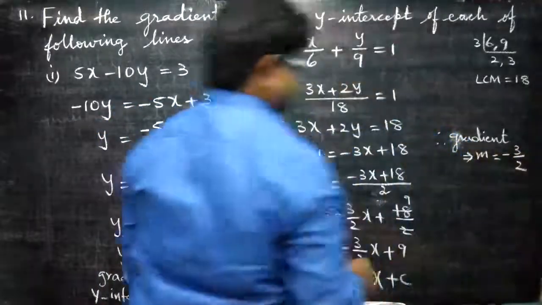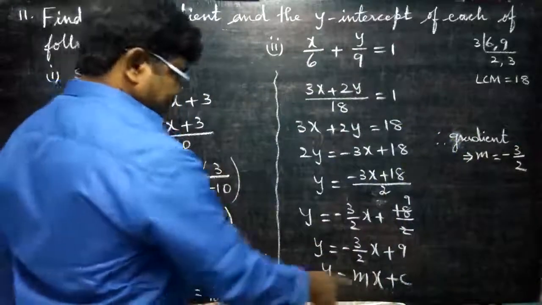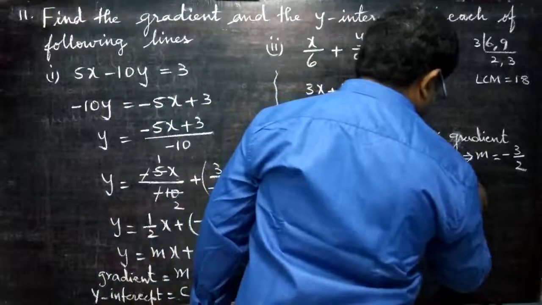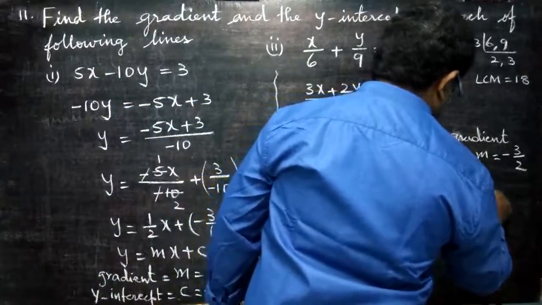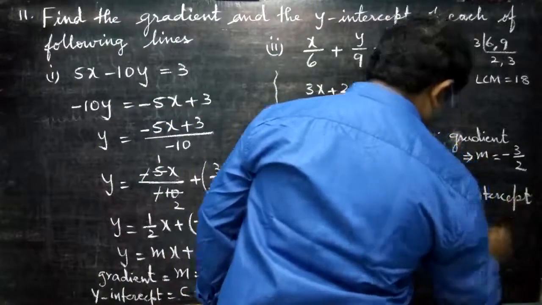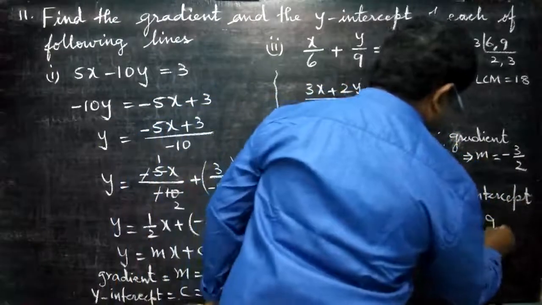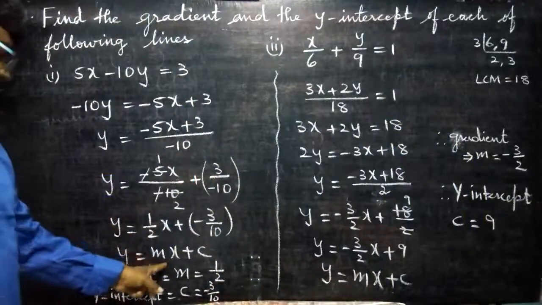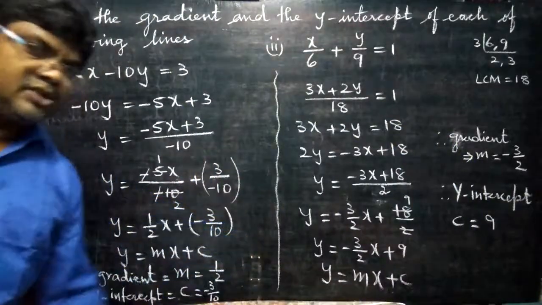Gradient we indicate as m. Next, y-intercept: in the place of c, 9 is there. Therefore y-intercept c is equal to 9. So like this you have to show it: y is equal to mx plus c.